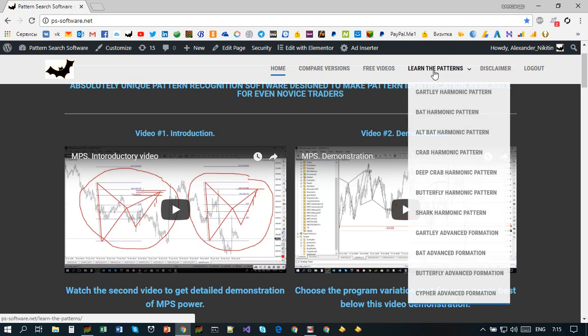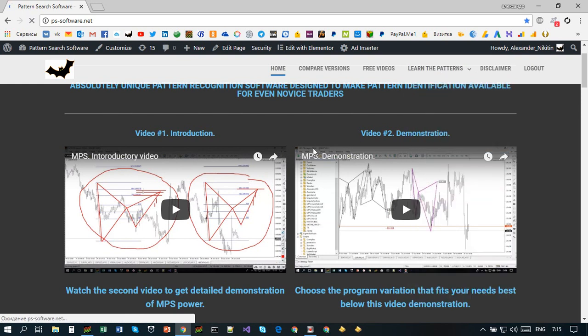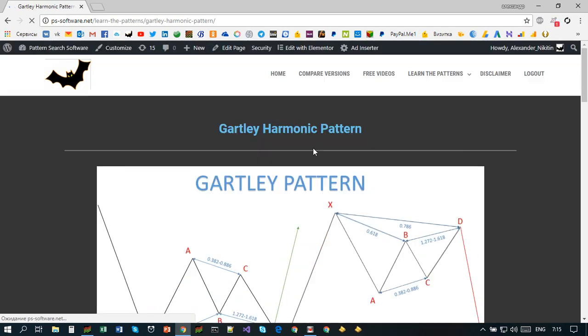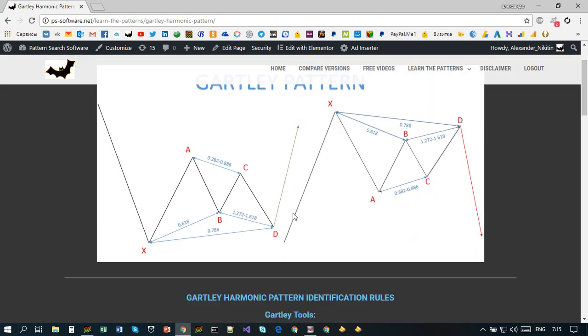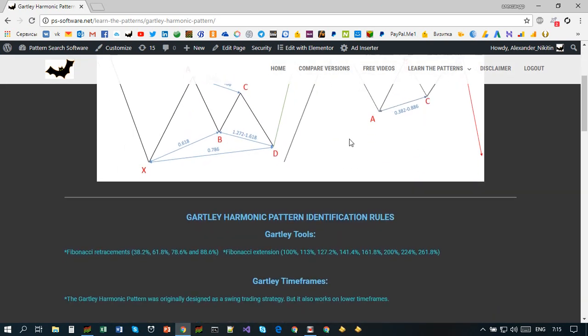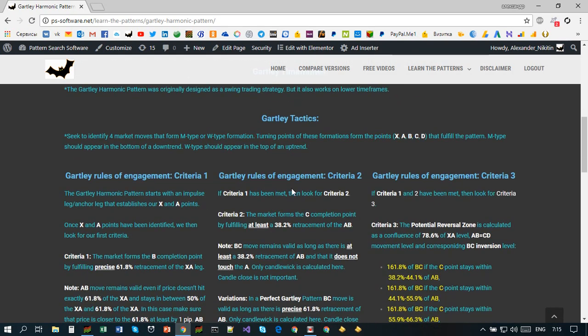And if you click here learn the pattern step absolutely for free, you will have the most detailed trading course on these patterns, of how these patterns are identified. For example, I just clicked the Gartley harmonic pattern, having the diagram, having the identification rules. These rules are split into 3 criteria, 3 steps.